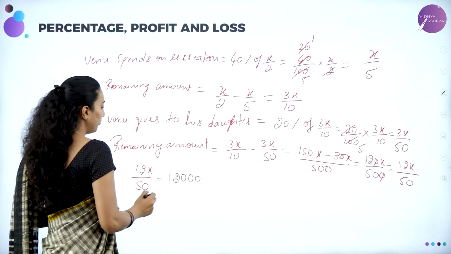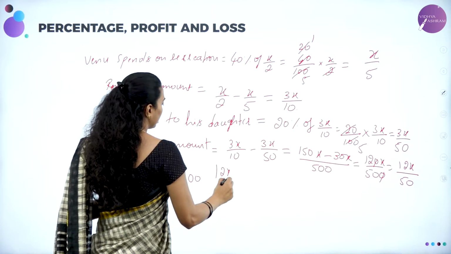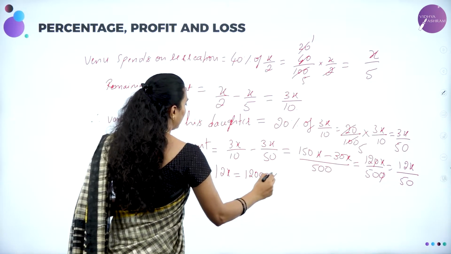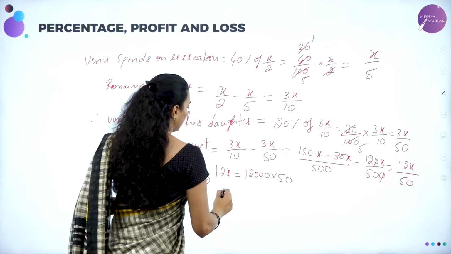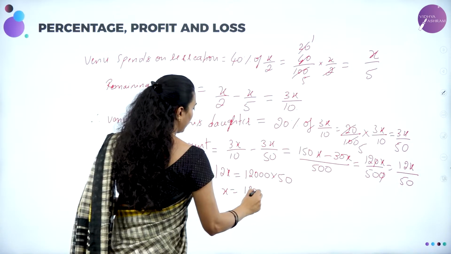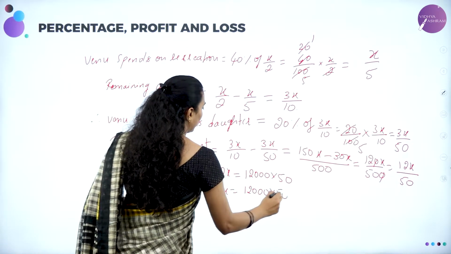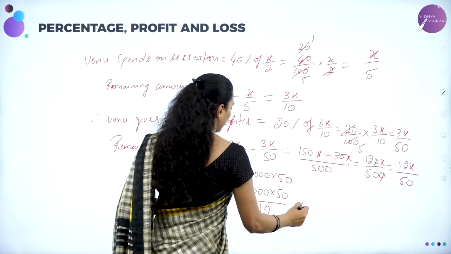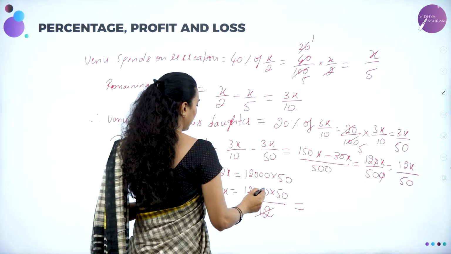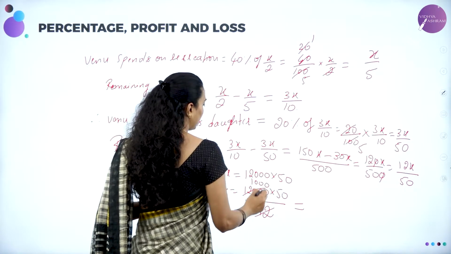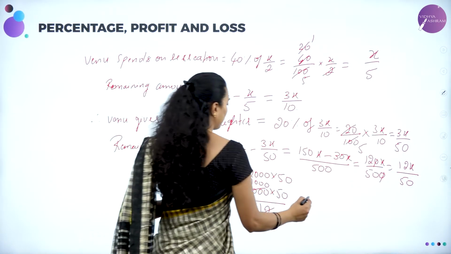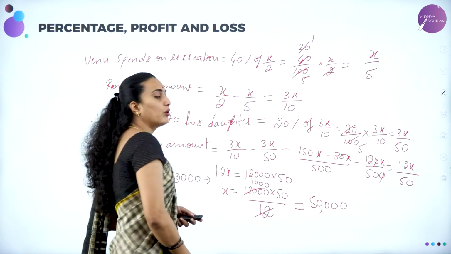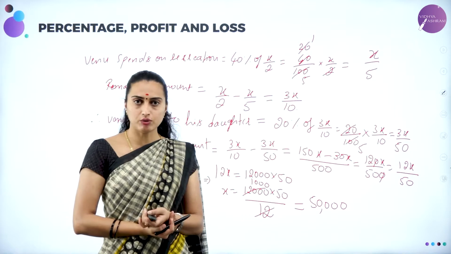So 12x equals 12,000 into 50, so x equals 12,000 into 50 divided by 12. 12 ones are 12, 1,000 into 50, which is nothing but 50,000. So he has a salary of 50,000.